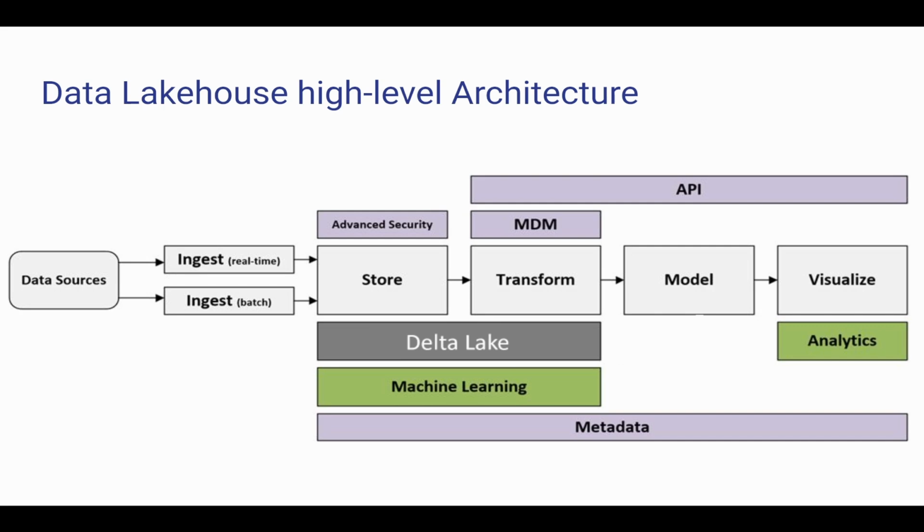In the high-level architecture, you can see that there are some similarities with what we've seen before, but the model is no longer relational. It imitates the relational database by providing a layer of metadata, but really it's just files in a lake.